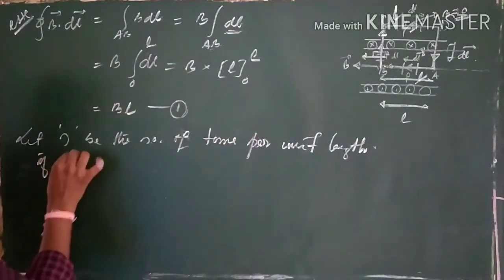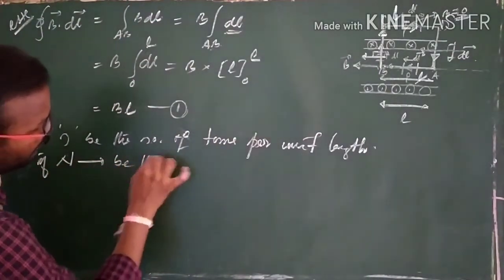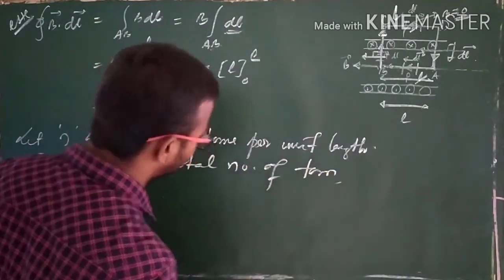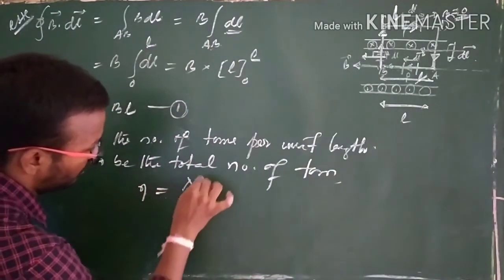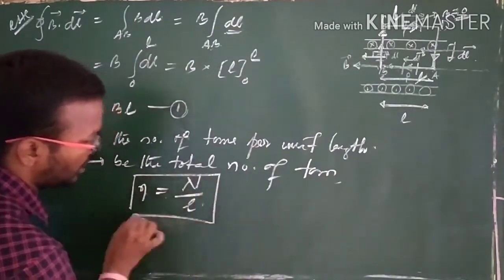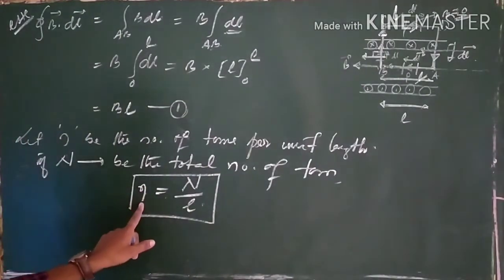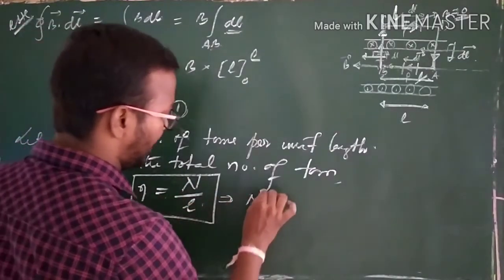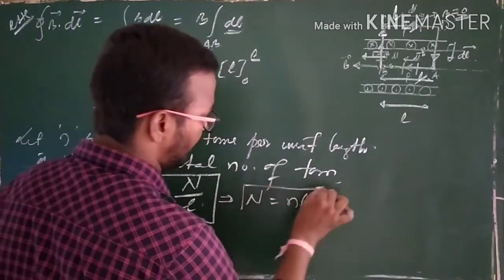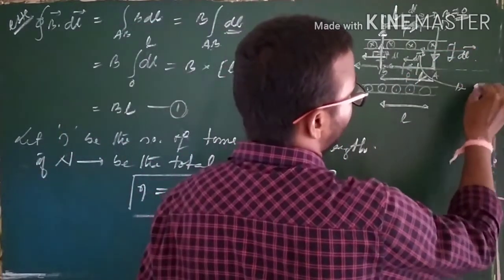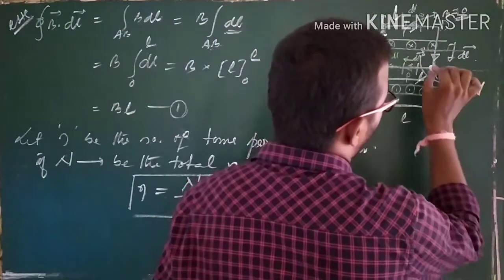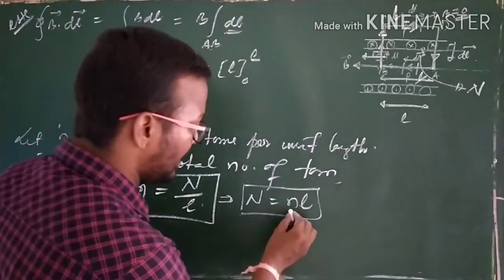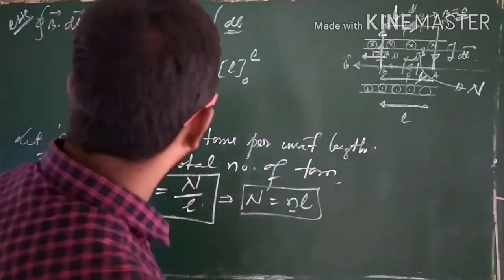If capital N is the total number of turns, then small n equals total number of turns by total length L. Clear? Because n is the number of turns per unit length, capital N equals small n into L. So the number of turns inside the apparatus is n into L.